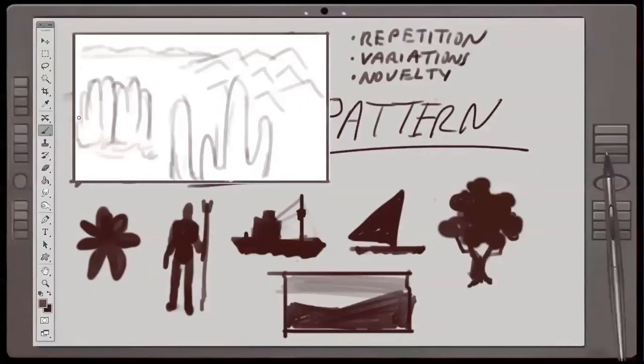This mountain is a pattern because what I've done is I've repeated the same shape and form, which is this. This is the shape, and it has a cylinder-like form. It's curved like this, and I've repeated it.